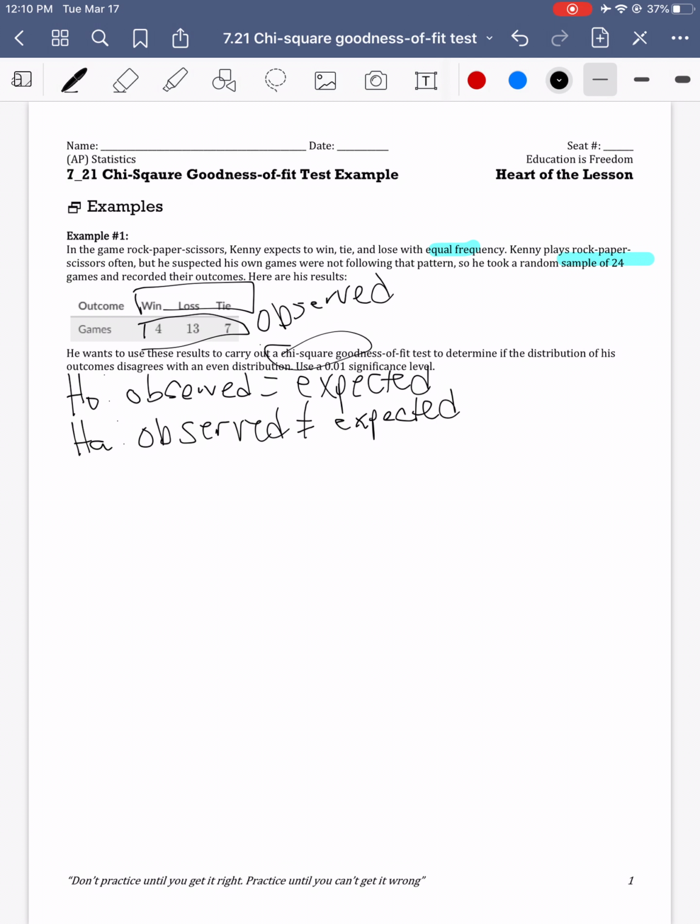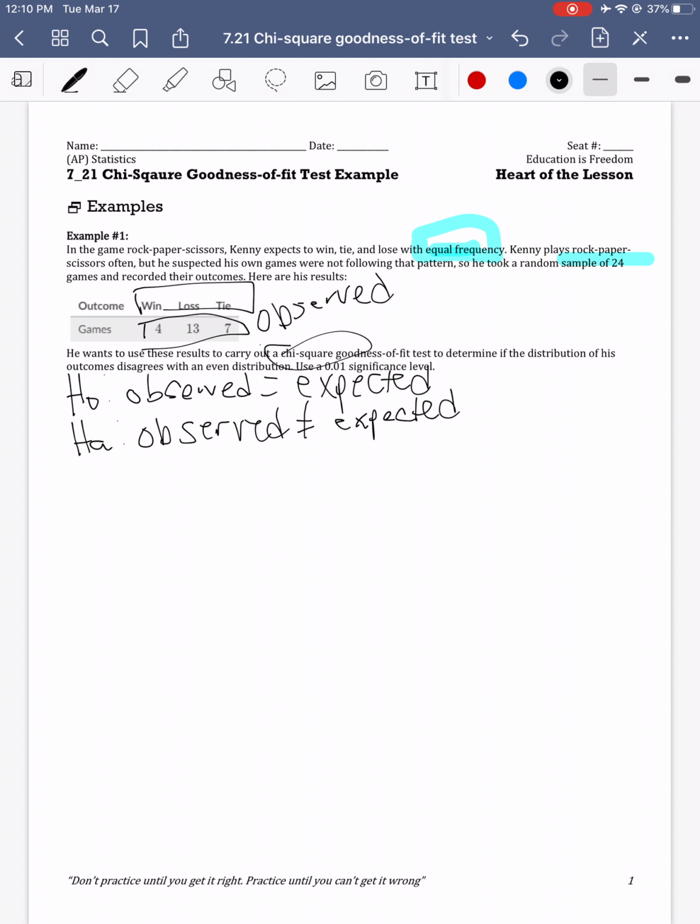I highlighted this part here about equal frequency, and that's exactly what the chi-square test is testing for. Are our observed values evenly distributed with what we expect?